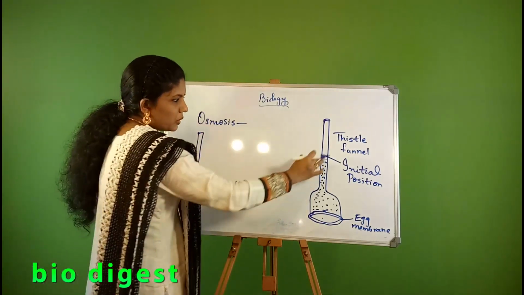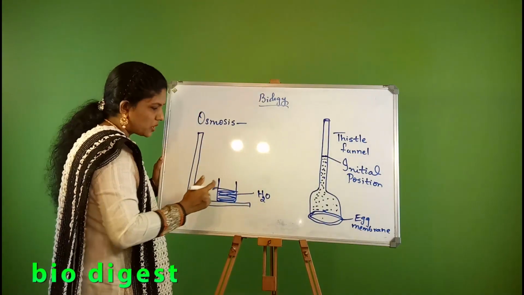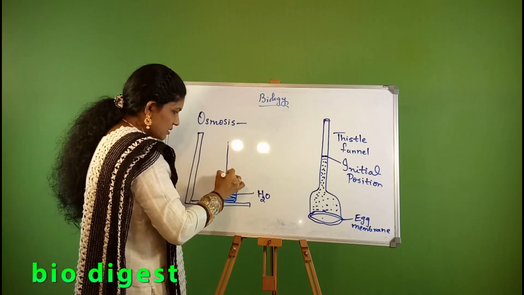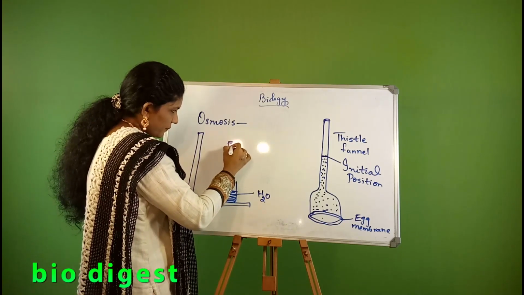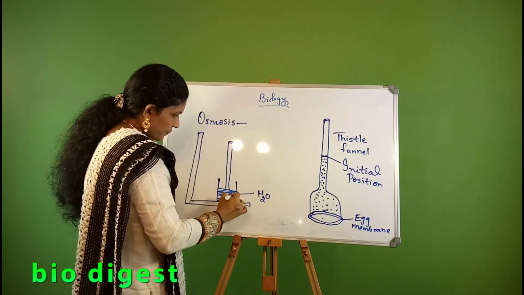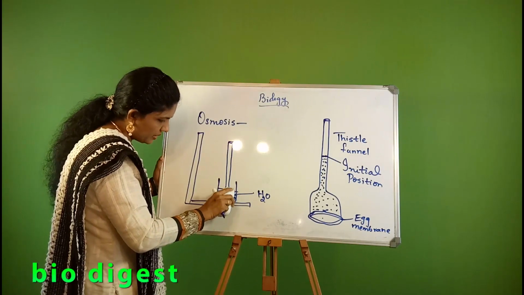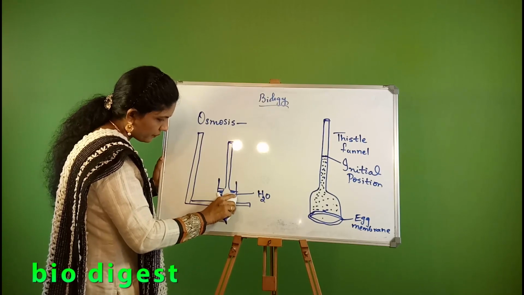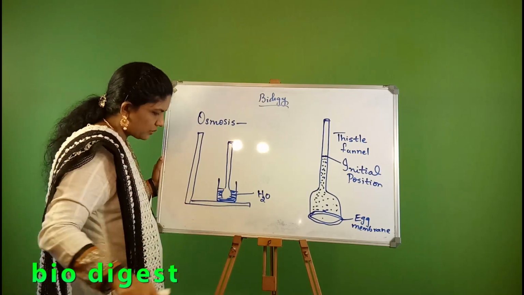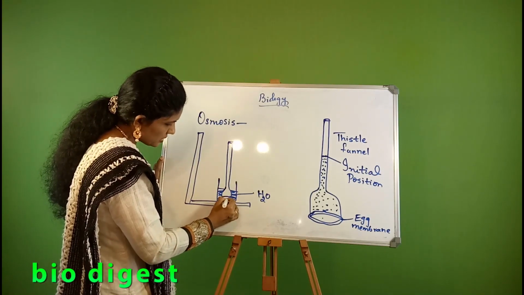Now bring this thistle funnel containing the concentrated sugar solution and place it in this beaker containing water like this. Here I am rubbing that shaded water a little bit for you to identify it. Otherwise the thistle funnel will not be visible. Okay, so this is the situation.